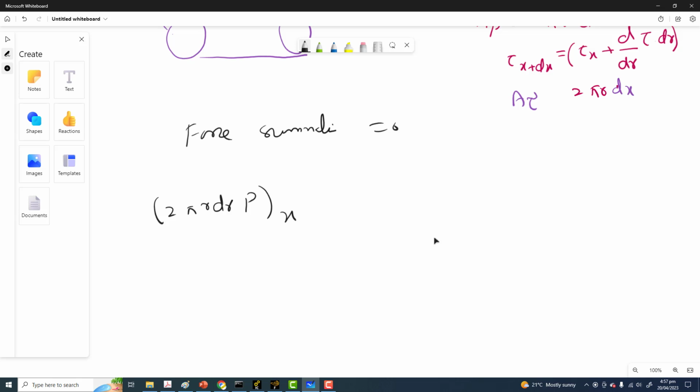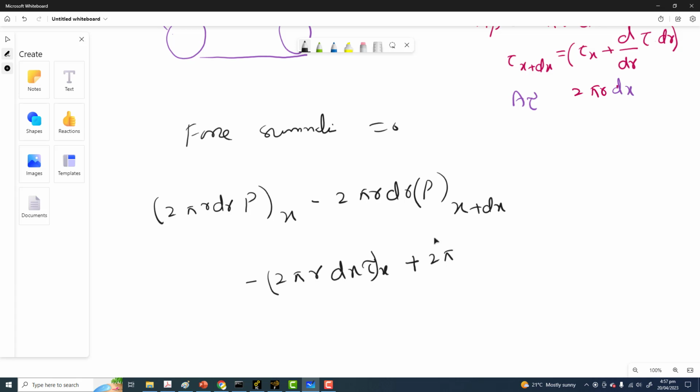So here we have minus 2 pi r dr, this is P at x plus dx, and then we also have minus 2 pi r dx, this is the tau x, plus we have 2 pi r dx, this is the tau but at x plus dx, equal to 0.